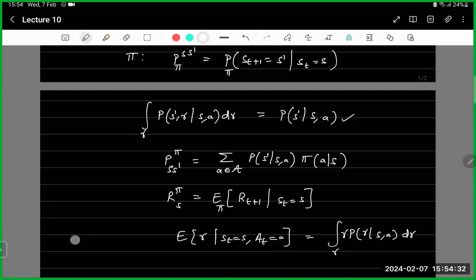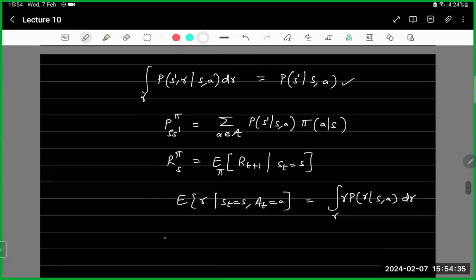Now, if I have this, how can I find the expected R given S_t equal to s, when I take action according to pi? If I am in some state S, what is the expected reward I'll get if I take action according to policy pi?